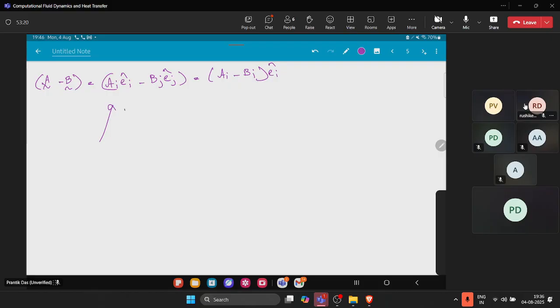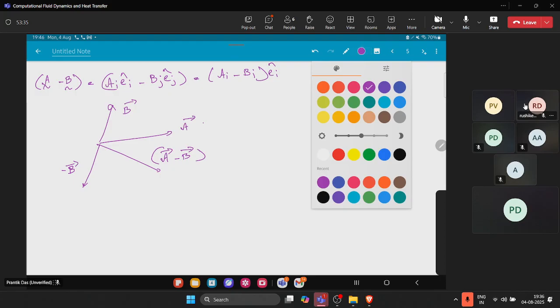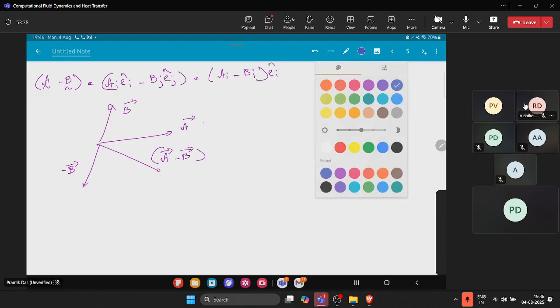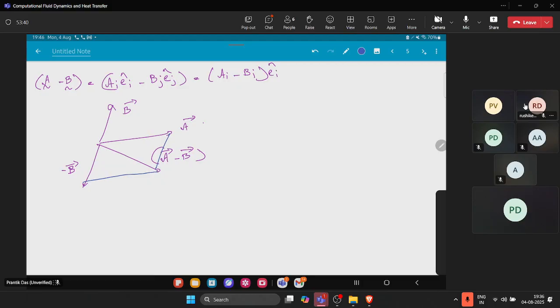So now if this one is the b vector and this one is the a vector, this one becomes minus b vector, and the resultant vector is a vector minus b vector, or the diagonal of the parallelogram created by the a vector and the b vector. Okay, so that's how it works, a plus b and a minus b. These physical interpretations are pretty useful and will help you in further analysis of fluid mechanics problems.